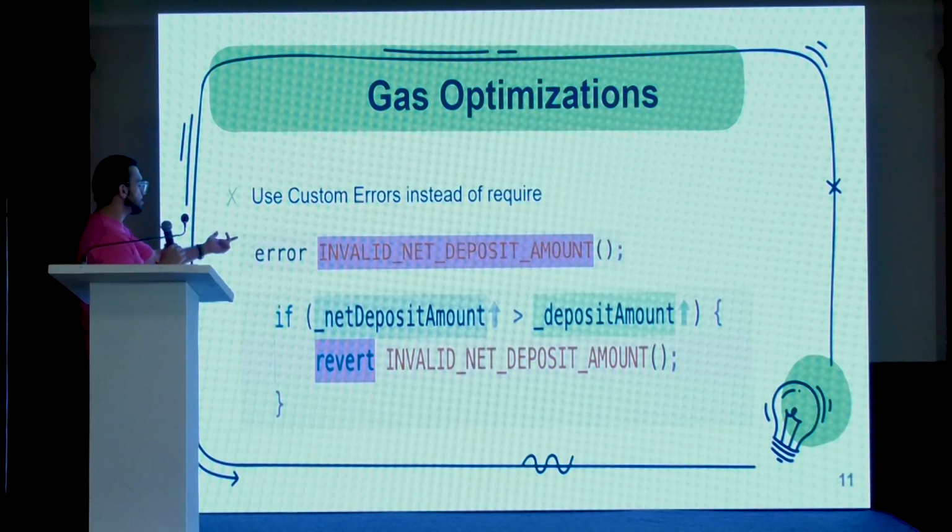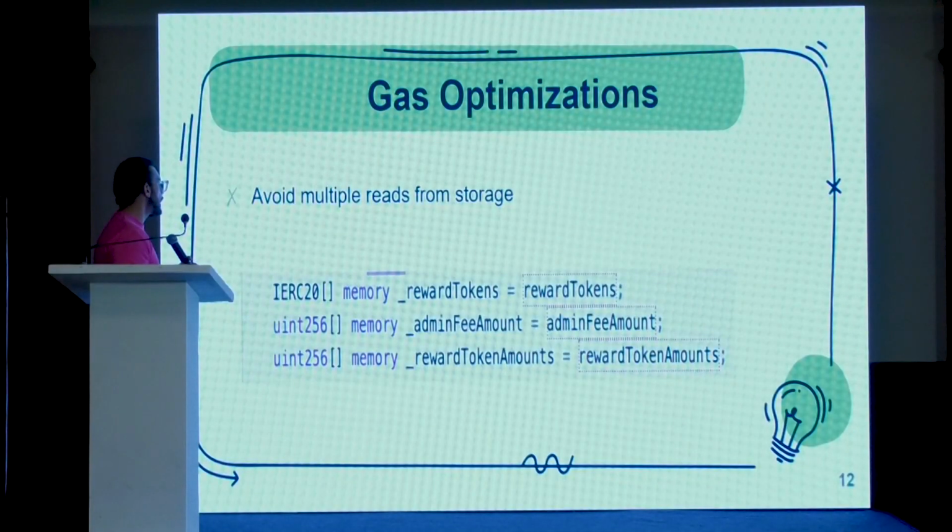Basically, you define an error with a name, and then you can use revert statements instead of require statements to revert, and you can save gas. I don't have actual numbers right now, but I know that this is very cheap compared to the require statements.